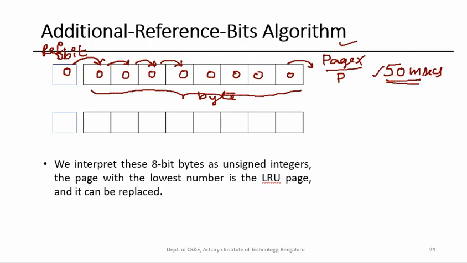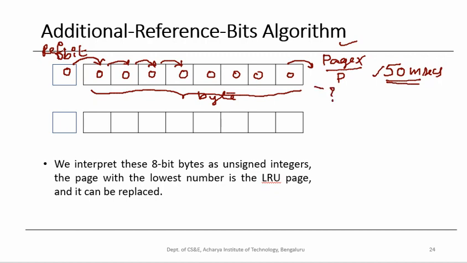Let's say after some time, look at the value of this byte corresponding to a page, and if it still remains 0, that means that this page has not been referenced at all. Now how can we get the least recently used page from this approach?